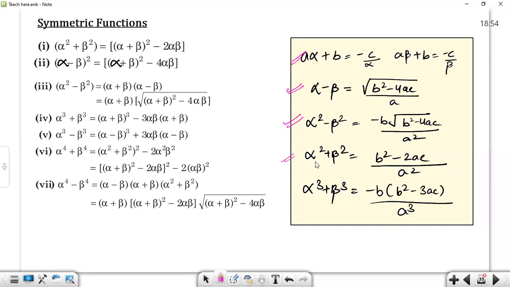Alpha square plus beta square we will find, as I told you earlier, and it is also written here. And alpha cube plus beta cube will be found by using alpha plus beta whole cube minus 3 alpha beta into alpha plus beta. All these are found simply by the identities which I gave you in the basic mathematics class. There's no different formula. This is nothing new.